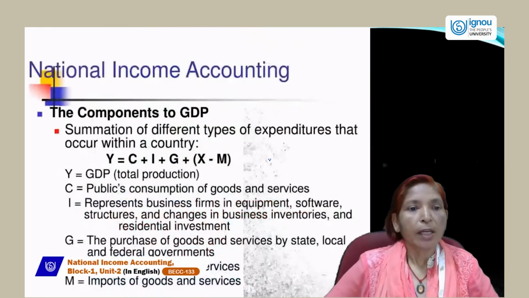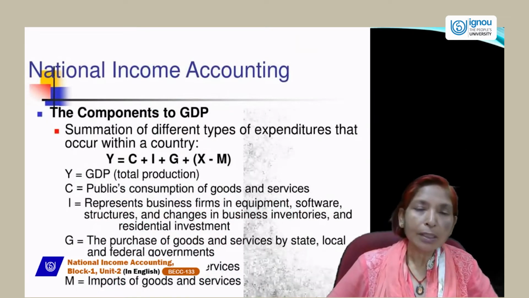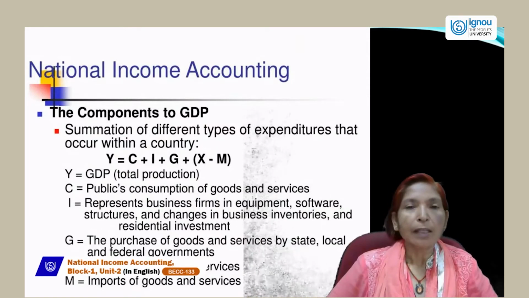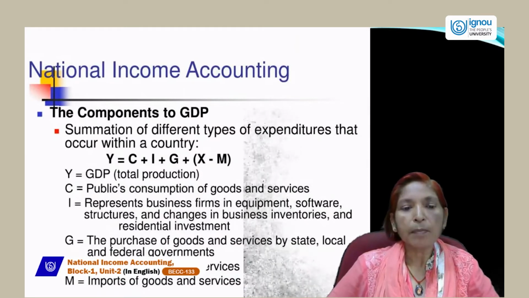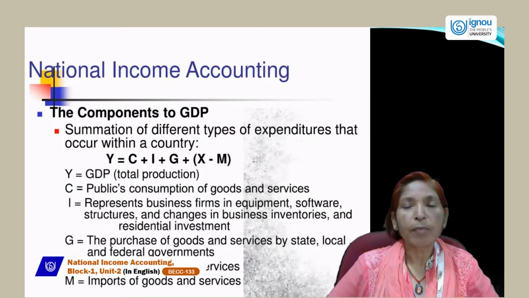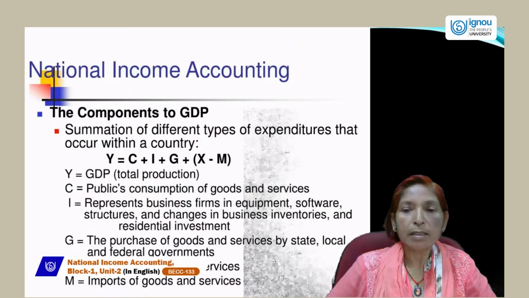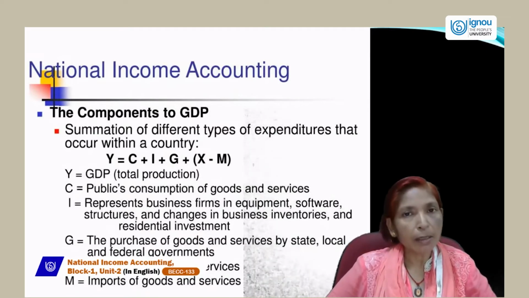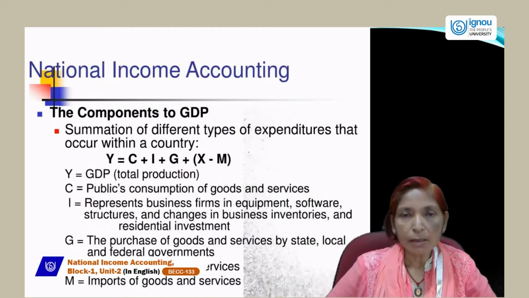Next is national income accounting by the expenditure method. If we add all the expenditures by all the sectors of the economy, then we can get national income: Y = C + I + G + X - M, the summation of different types of expenditures that occur within a country. Here Y is income, or national income, equals C, where C is consumption expenditure.